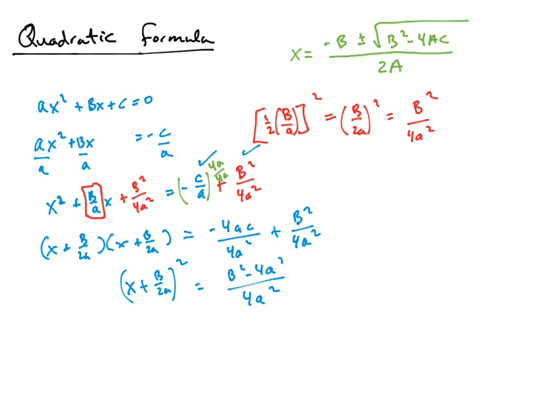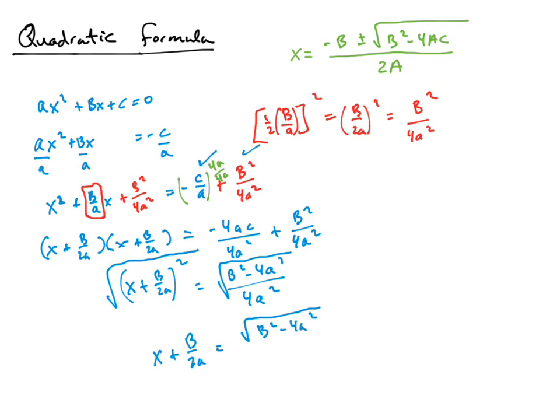Okay. Now on the left side, because that's a binomial getting squared, if we take the square root, that will remove the square. So we end up with x plus b over 2a is equal to, well, in the numerator, we end up with the square root of b squared minus 4ac.